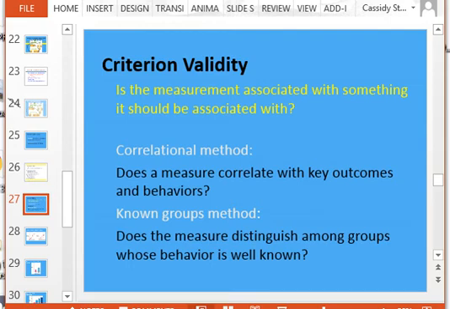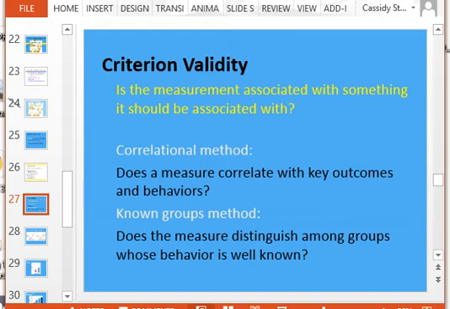So, for example, if I have a questionnaire which is assessing whether somebody is happy or not, then when I go and give the test to somebody, and let's say that person scores very high on being happy, then if my test is actually measuring what it's supposed to be measuring, happiness, then when I go and observe that individual, I should notice that that person is extremely happy. They smile a lot, they laugh a lot, they have a lot of friends.